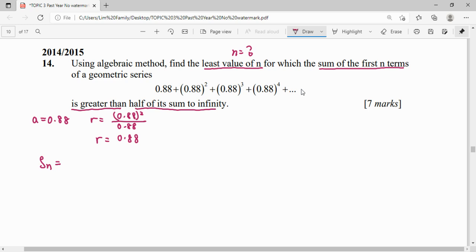The Sn formula will be a, and then in the bracket, either 1 minus r to the power of n or r to the power of n minus 1. We see our r is less than 1, so it is 1 minus r to the power of n, divided by 1 minus r. From here, what can we simplify?